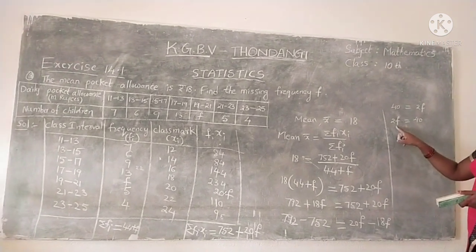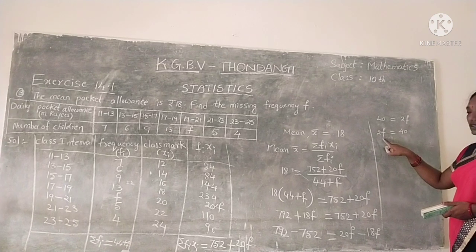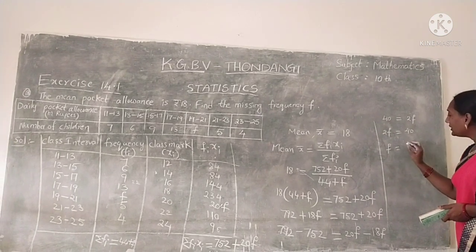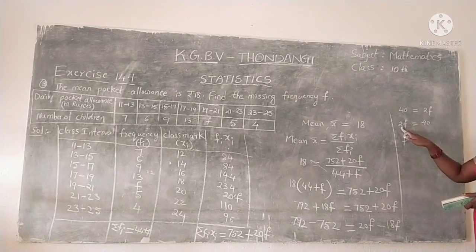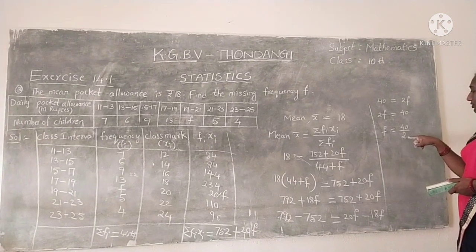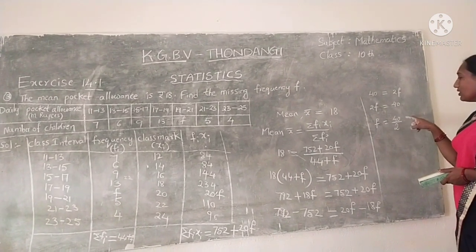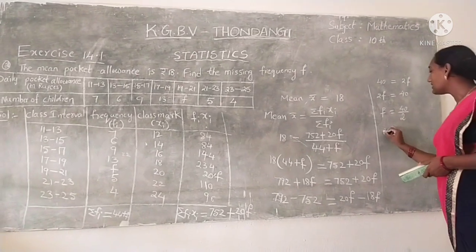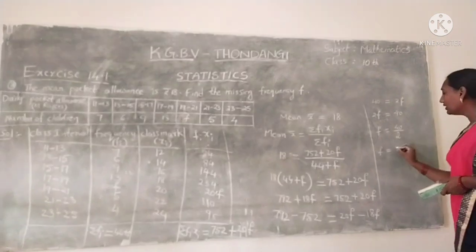Here we want the value of f. Here 2 is multiplying with f. When we transpose 2 to the RHS side, it divides 40. What is the value of 40 by 2? Dividing 40 by 2, we got 20.